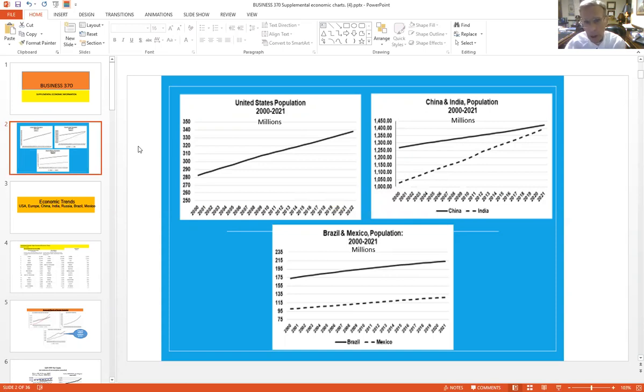China's population is not growing very rapidly and eventually will begin to turn down again as a result of the one-child policy that I'm sure you've heard about. By law, families in China could have no more than one child.